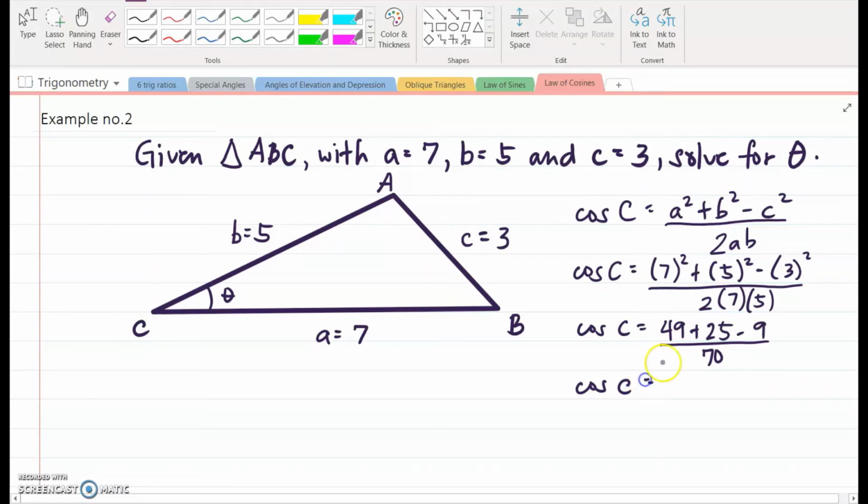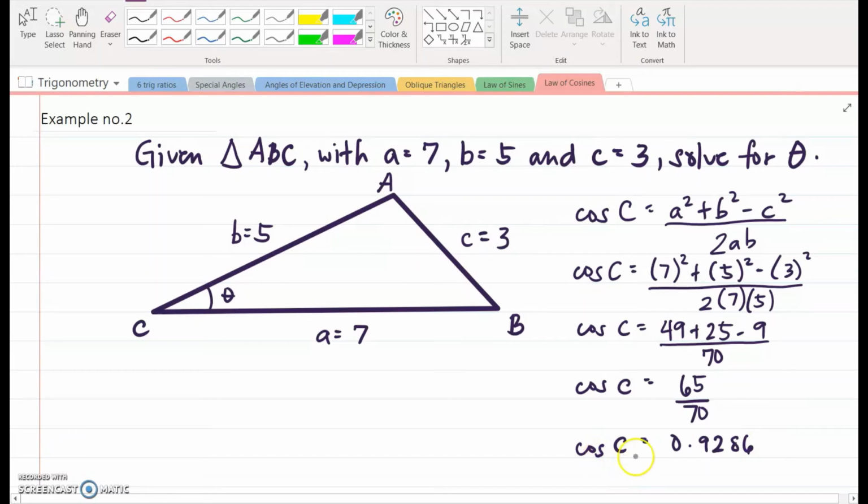So we have cosine C, 49 plus 25 minus 9, that will be 65 over 70. And then you just divide 65 by 70. So cosine C is equal to 0.9286, up to 4 decimal places.